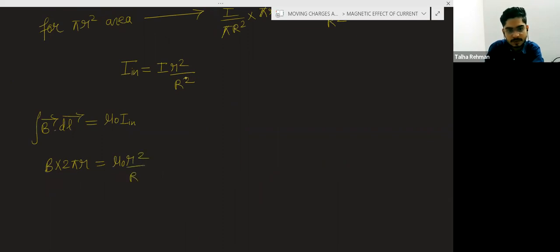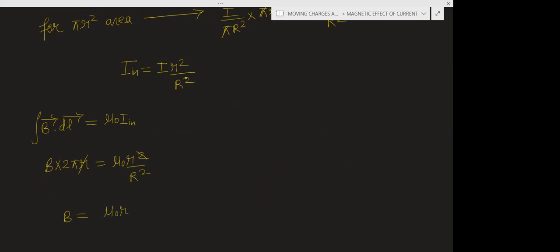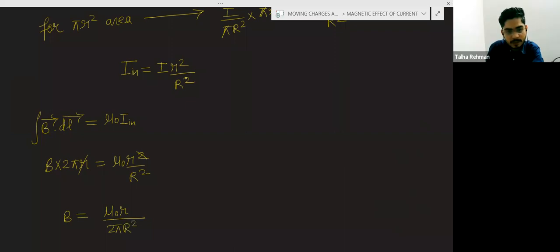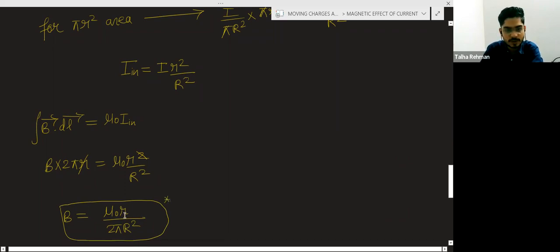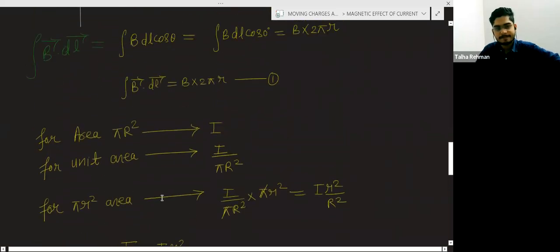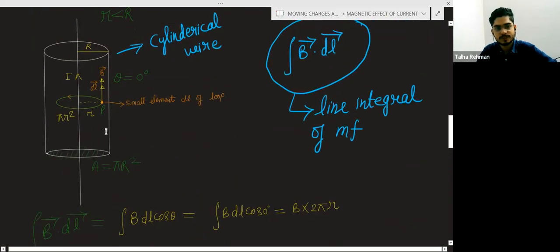Now the magnetic field we can find. This r and r will be cancelled out, so your magnetic field will be mu naught I r divided by 2 pi R square. This is your magnetic field at a point which is at a distance of small r inside this wire.